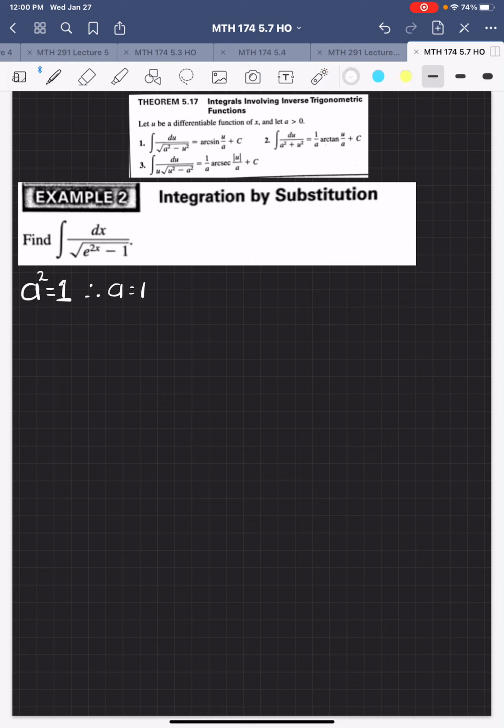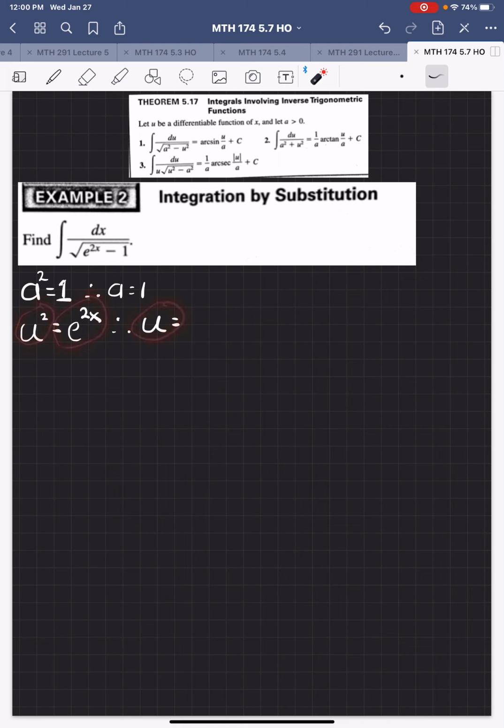So this is actually going to be an arcsecant problem. But let's stay with how we're trying to define things. If a squared is 1, then a is equal to 1. Now let's go to u squared, where we have e to the 2x. If u squared is e to the 2x, what is u?